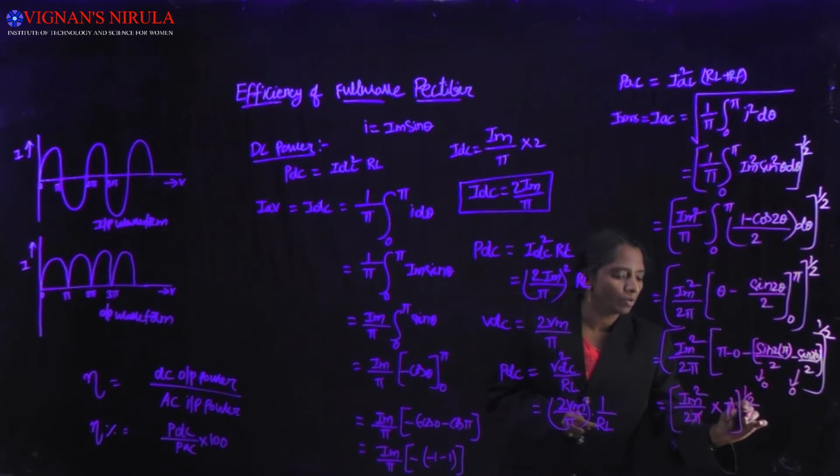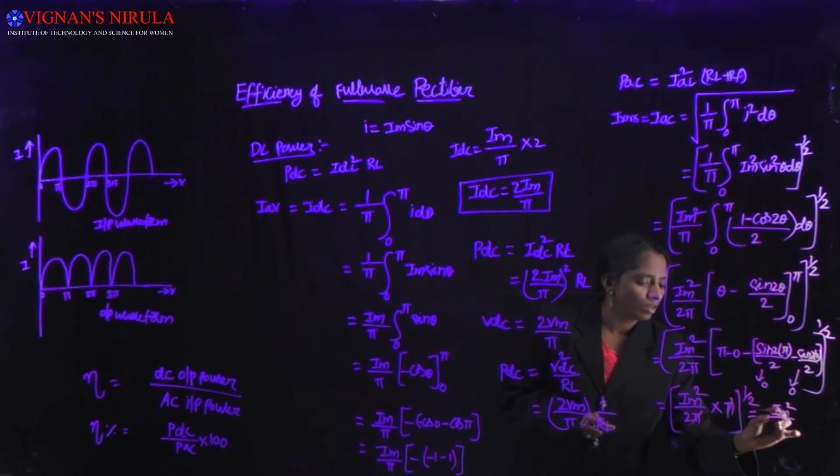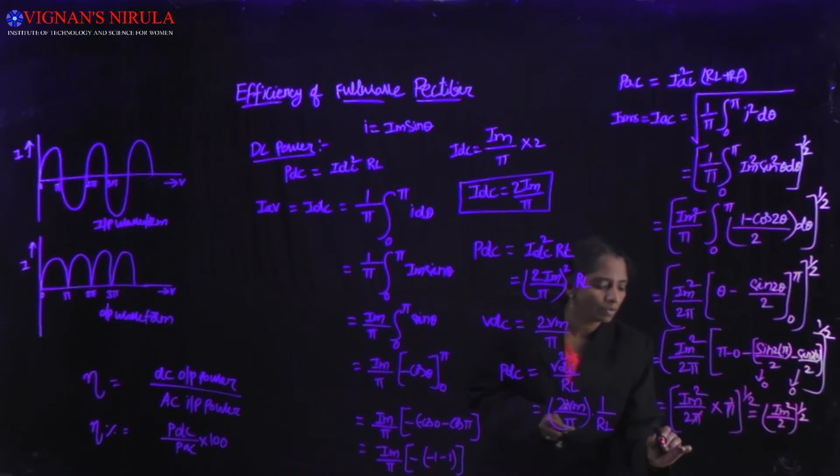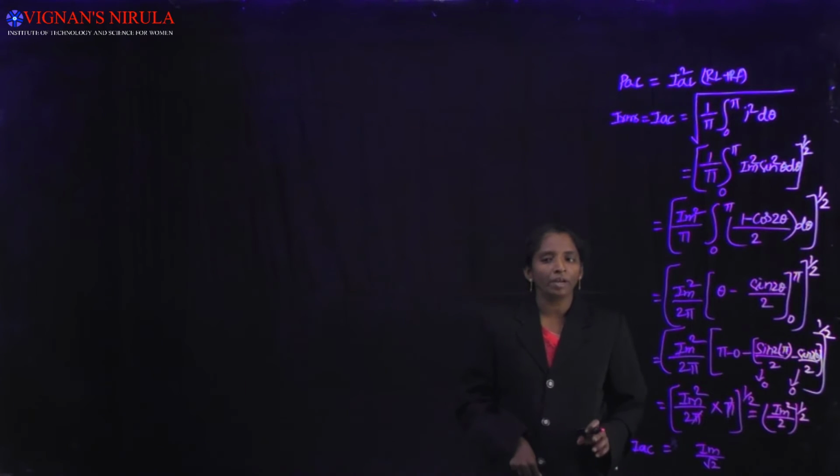We have only Im square by, or we can write, 1 by 2. From this we are getting Im by root 2. IAC equal to Im by root 2.